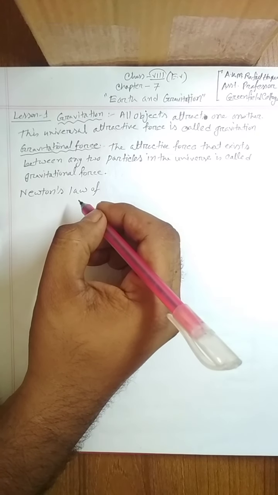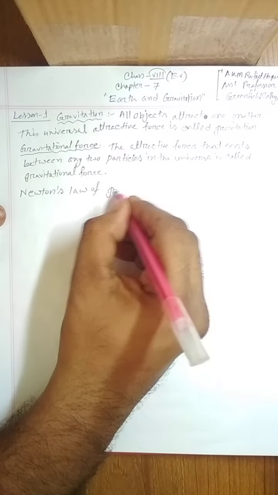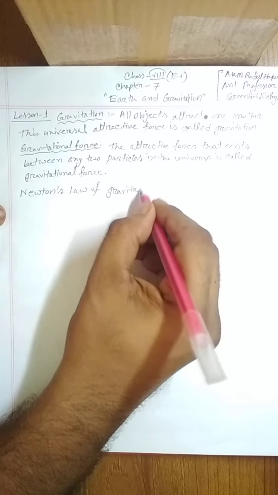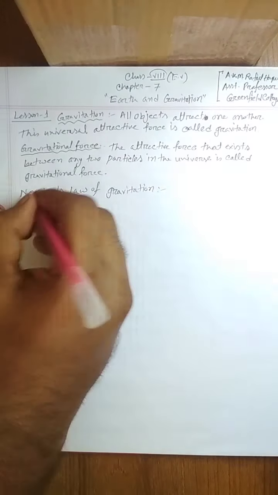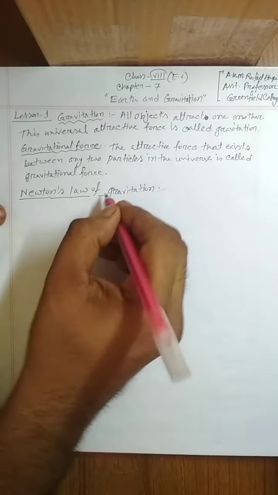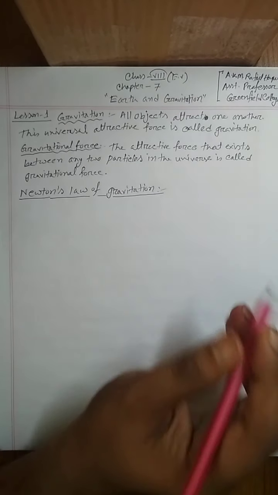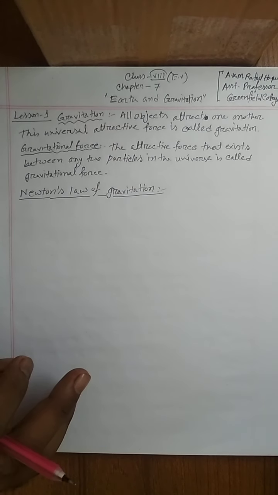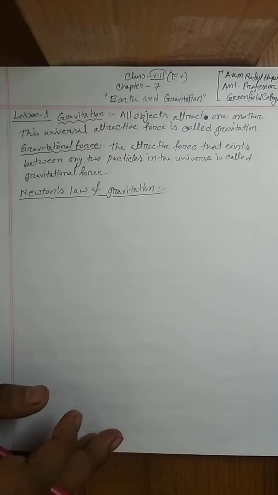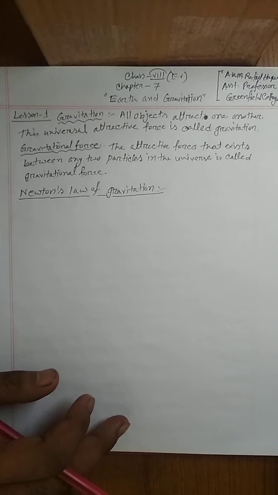Newton's law of gravitation: each particle in the universe attracts every other particle with a force which is proportional to the product of their masses and inversely proportional to the square of the distance between them.